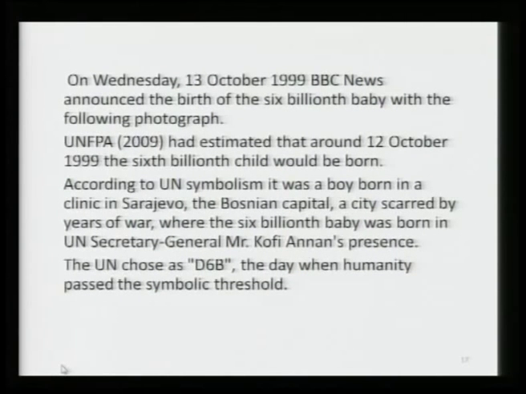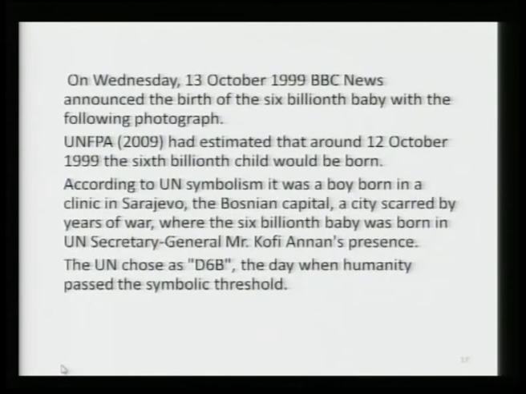It was a baby boy born in a clinic in Sarajevo, the Bosnian capital, a city scarred by years of war, where the 6 billionth baby was born in UN Secretary General Mr. Kofi Annan's presence. The UN chose as D6B the day of 6 billion.